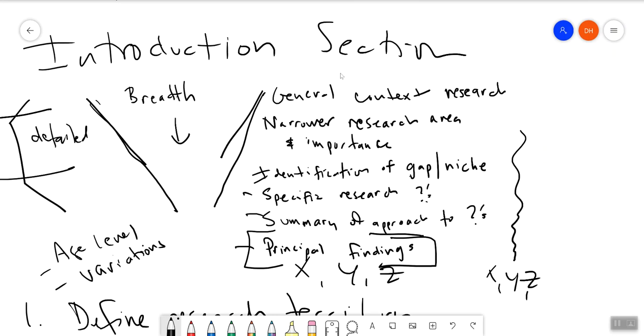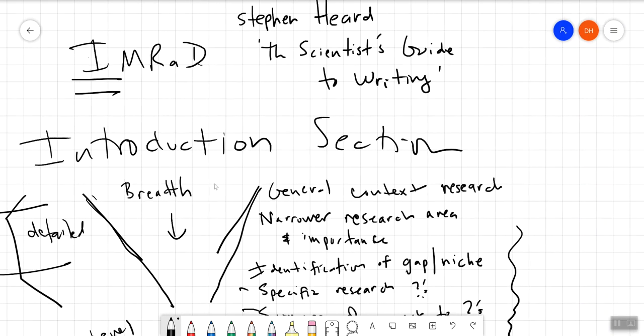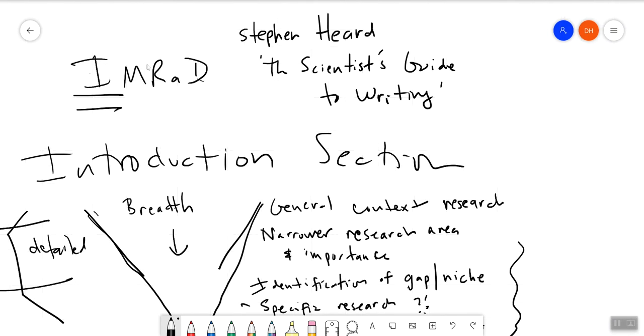So we have that front piece, now we have the introduction, and next we will move on to methods. And this methods section is kind of tricky, but hopefully I'll sketch out a good outline for you to help you understand that. So, all right, that's that, and next is methods.